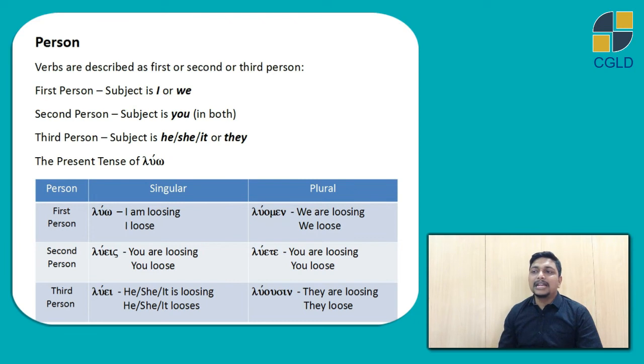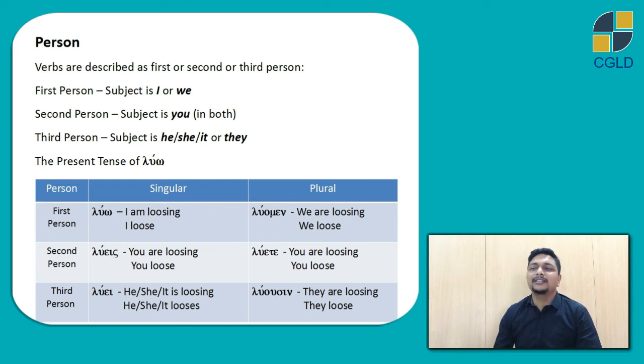So we find that second person singular, luo, will appear as lueis. There is a diphthong there, epsilon and iota, eis. And in second person plural form, it will appear as luete. But both are translated as you are losing or you lose.